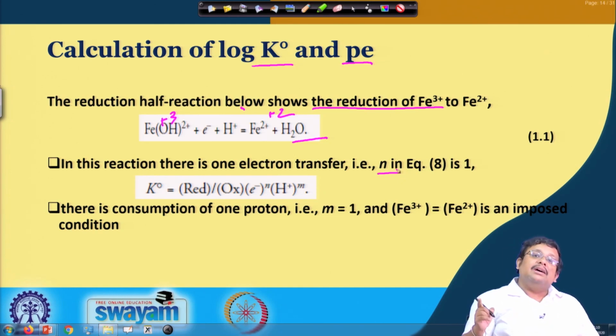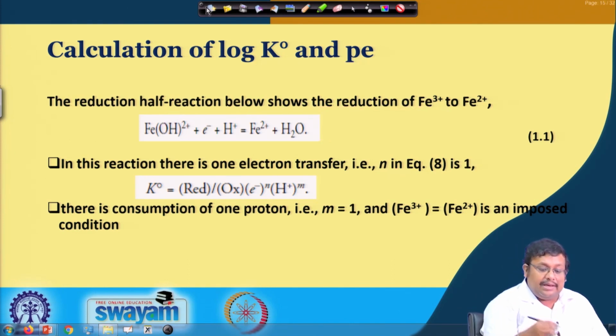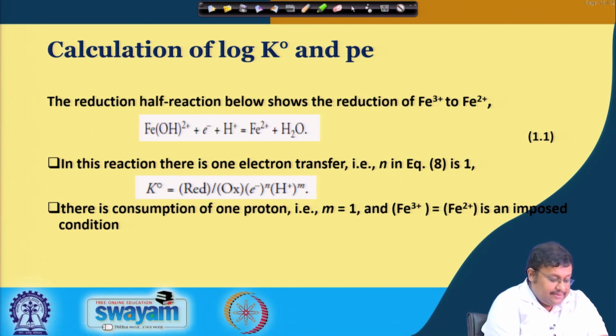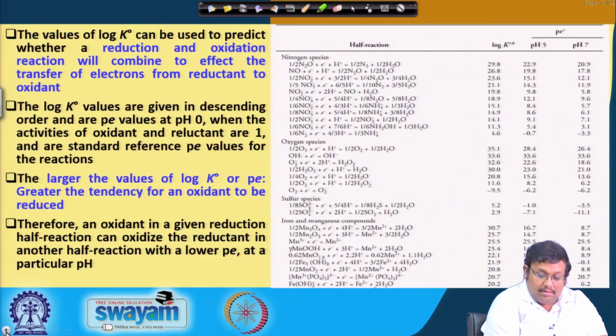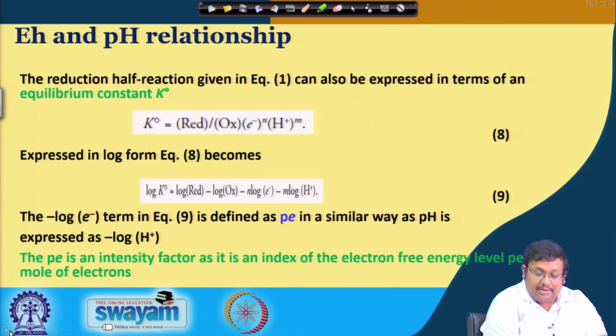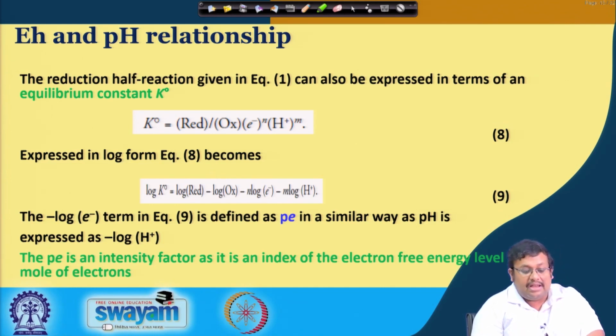So, if you remember our previous equation, equation 8. For your convenience, let us go back and see what was equation 8. Our equation 8 was K0 equal to concentration of reduced species over concentration of oxidized species multiplied by electron concentration to the power n, and proton concentration to the power m.